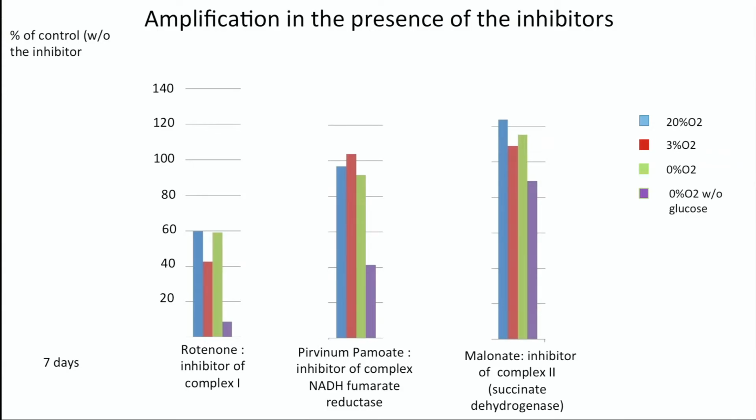And that was the same with the blockage of the complex 1 with rotenone. This approach, however, is not very conclusive, because to measure ATP, the cells should be removed from the condition of ischemia, anoxia, and so on.